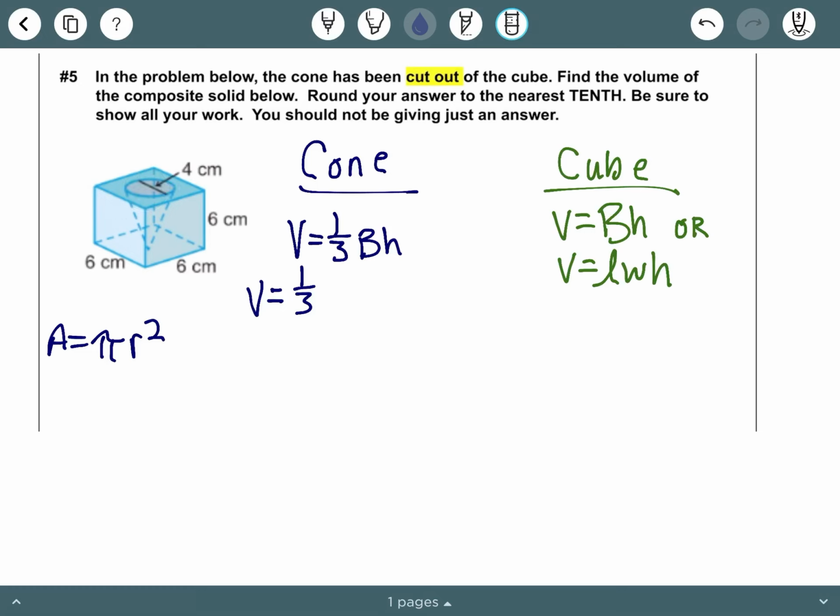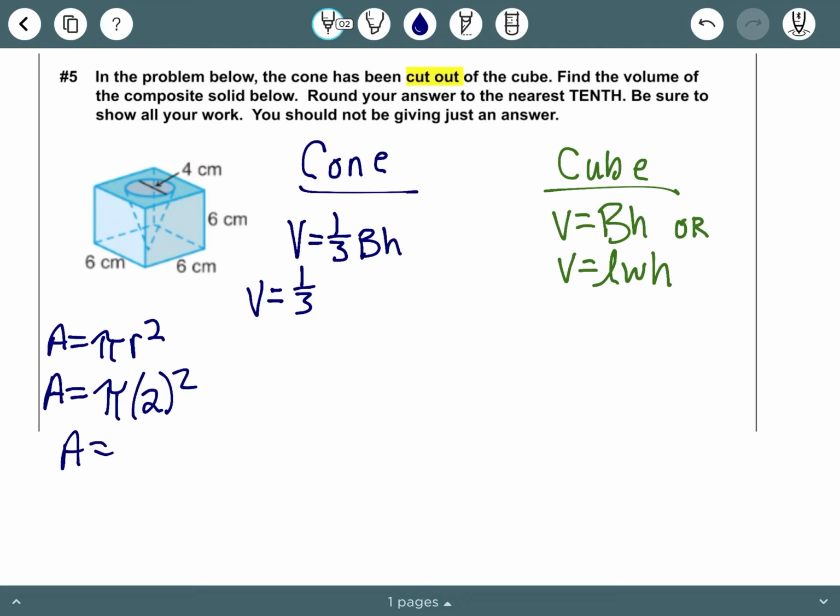Now, you can see that they've given us the measurement of 4 centimeters, and that goes all the way across the circular base. Now remember, radius is only halfway from the center of a circle to the edge. So our radius would have to be 2. So our area is equal to pi times 2 squared.